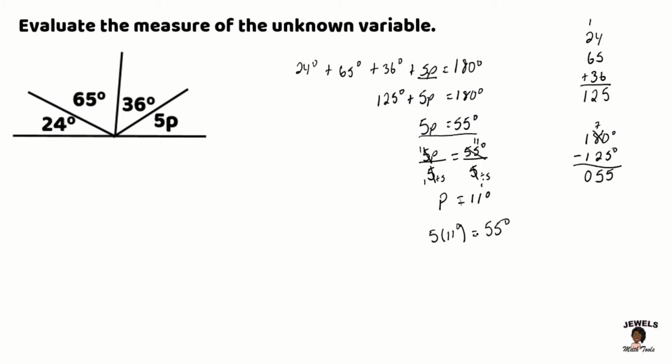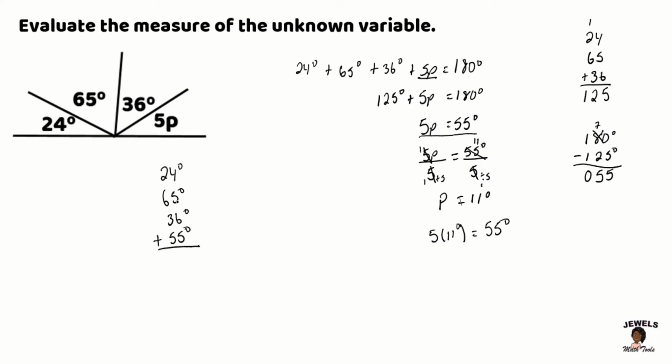But our final step is still important. We're going to be summing all of these angles up again, using my 55 degrees instead of my 5p, just to double check and make sure that everything does add up to 180 degrees.